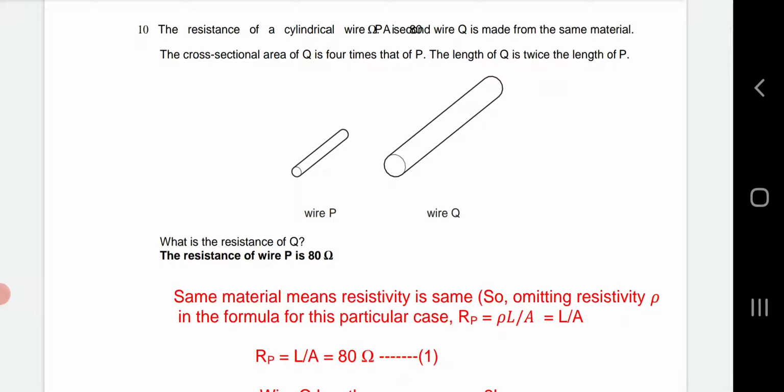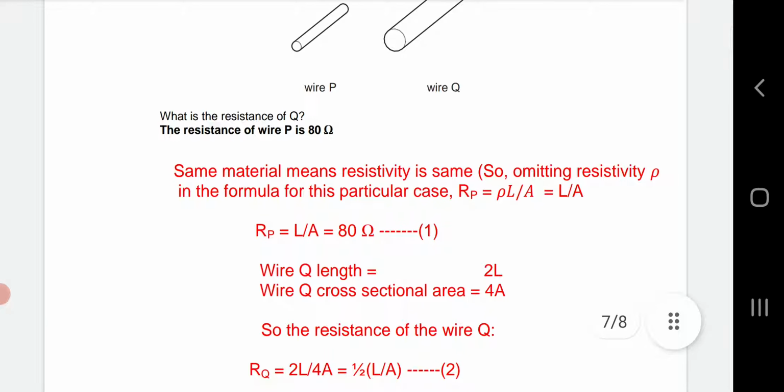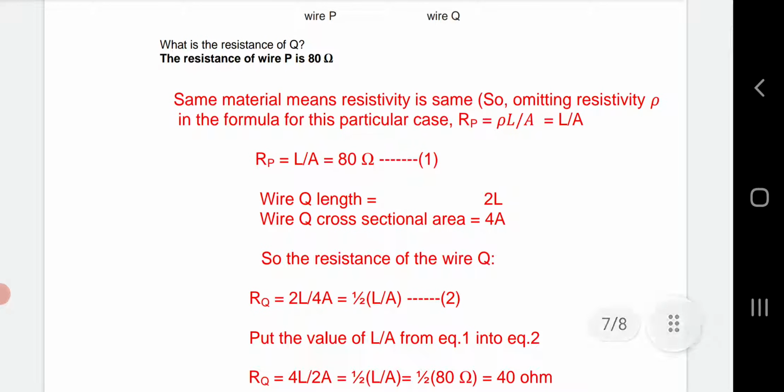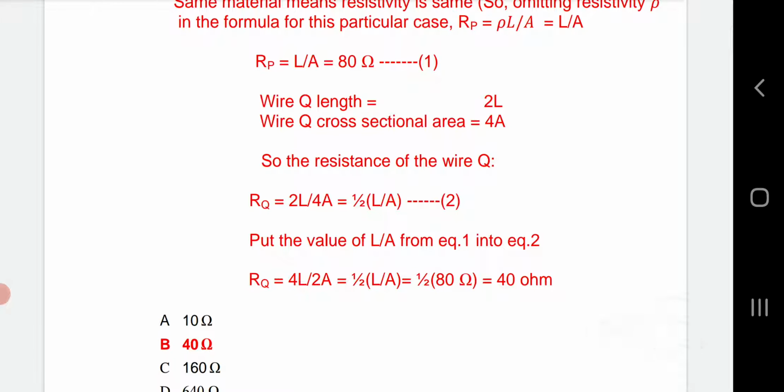And the second condition is that the length of wire Q is twice, and the cross-sectional area of wire Q is 4 times that of P. So first, the resistance of P wire is 80 ohm, and that is equal to L by A, and the resistance of Q wire is half L by A. Put the value of L by A as 80 ohm in equation 2, and the resistance of Q wire is 40 ohm.